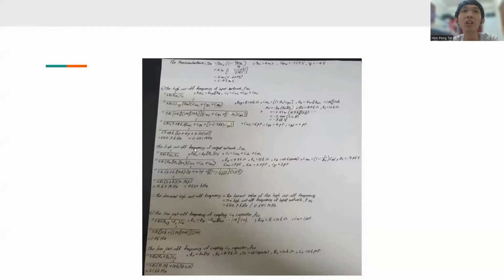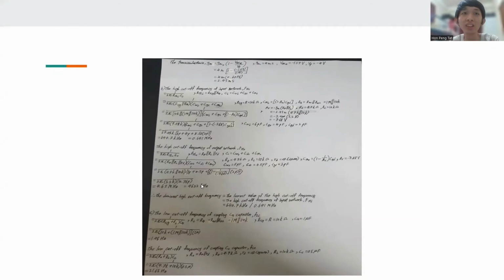The high cutoff frequency of the output network fHo is equal to 1 over 2 pi times RHo times Co. Then we substitute, multiply, and calculate, and the answer is 4.62 MHz. Hence, the dominant high cutoff frequency is equal to the lowest value of the high cutoff frequencies. This is the high cutoff frequency of the input network fHi, equal to 0.641 MHz.